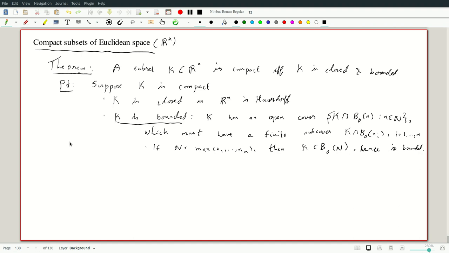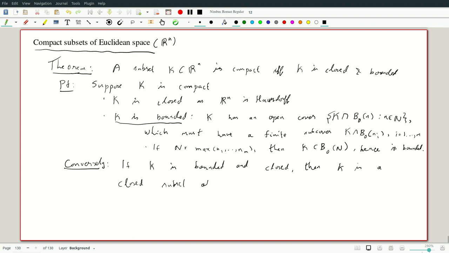Okay, so conversely, we will base ourselves on a certain lemma, but first we'll reduce to this lemma. If K is bounded and closed, then K is a closed subset of the cube minus m to m to the n, where m is the bound, for some m greater than 0.